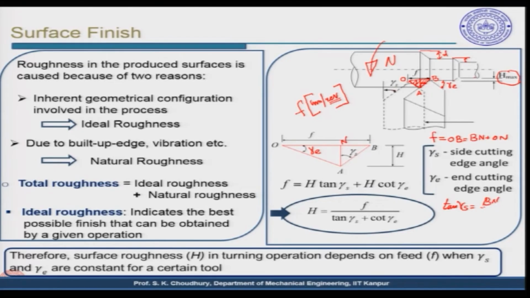Therefore, AN, which is h, times tan gamma s is equal to BN.